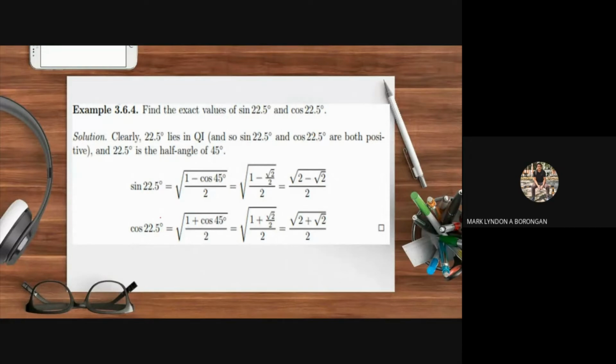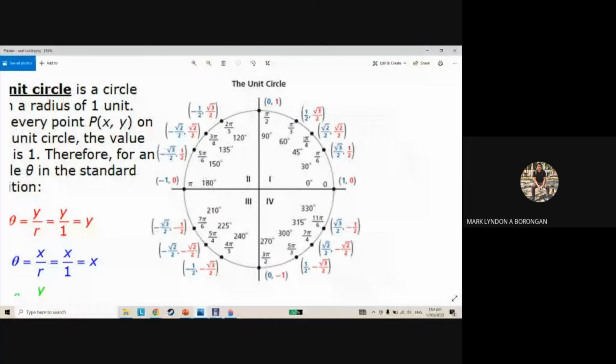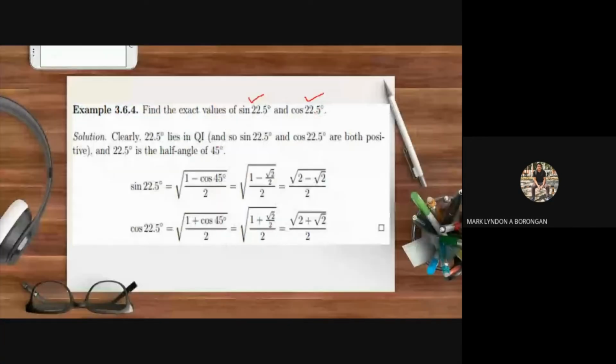Why quadrant 1? Because sine and cosine are both positive there, since quadrant 1 is the only quadrant where both coordinates are positive. And 22.5 is the half angle of 45 degrees.